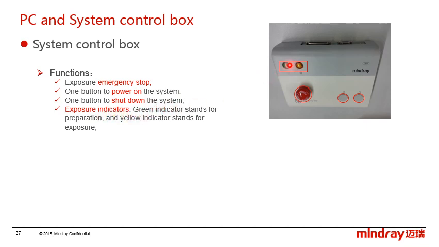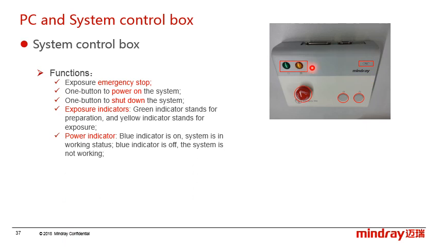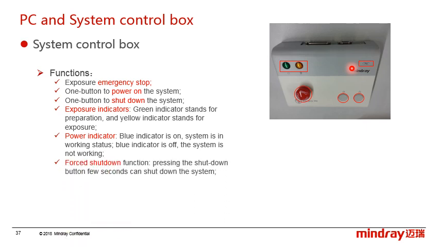The green one stands for preparation, and the yellow stands for exposure. This is the power indicator. It has two statuses. When the blue indicator is on, it means the system is in working status, and if the indicator is off, it means the system is not working.